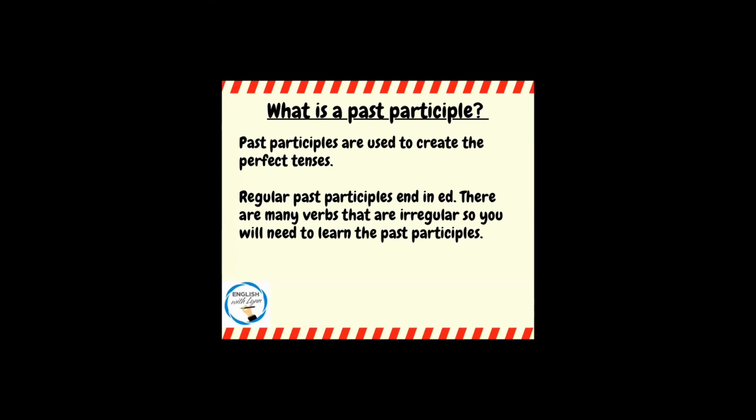With the regular past participle, it is exactly the same as the past tense verbs. You just add ed. So if you have the verb cook, to make it into the past participle, it's exactly the same as past tense cooked. If you have the base verb jump, your past participle is going to be jumped.